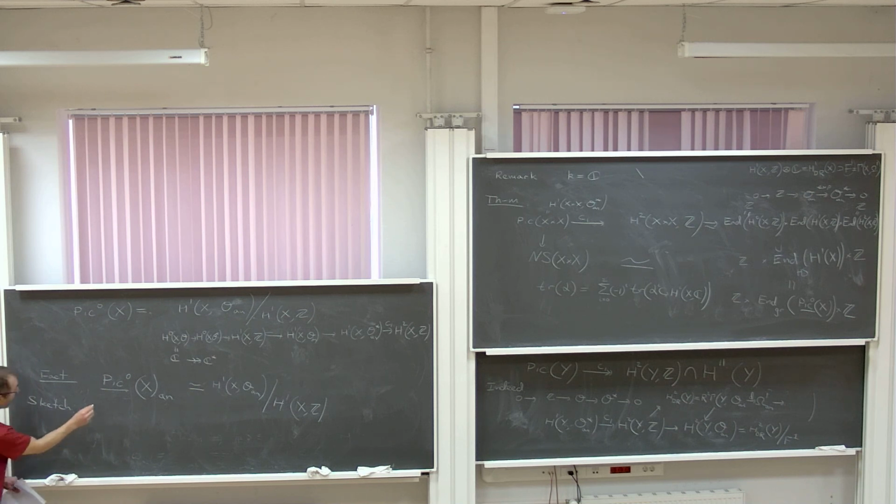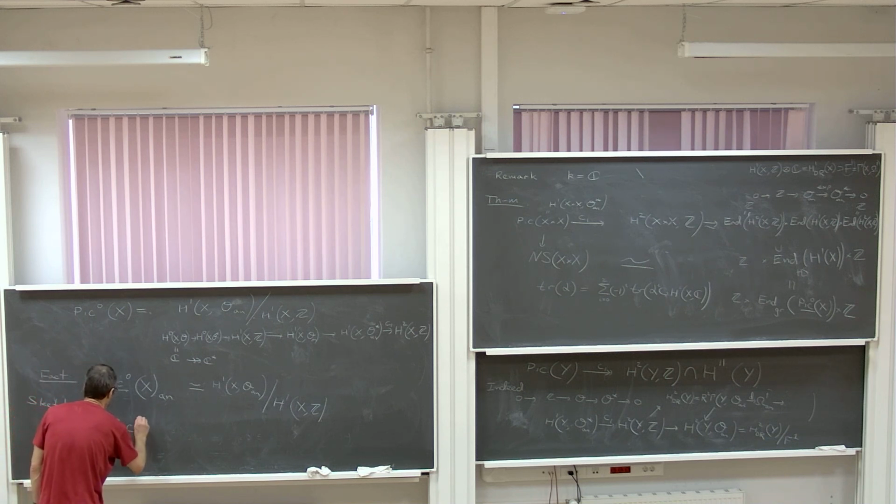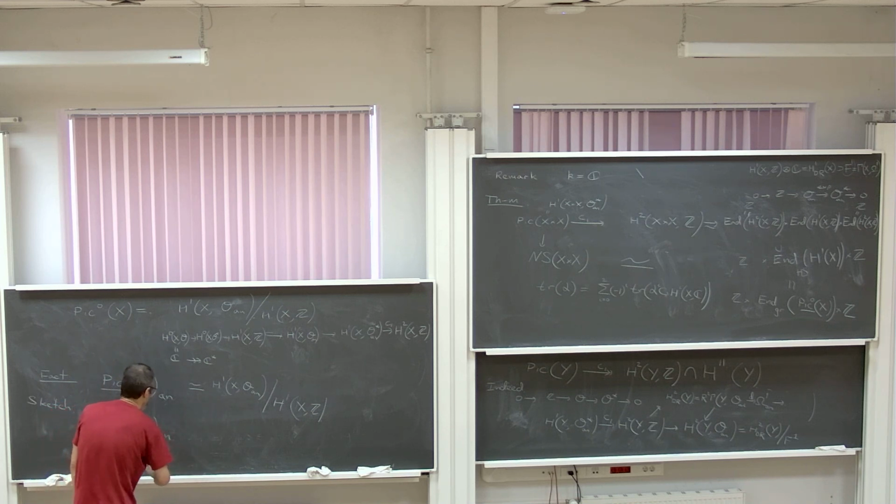So this is an abelian group. So let's take the exponential map from the Lie algebra to the group.